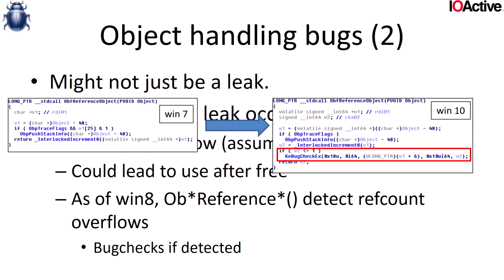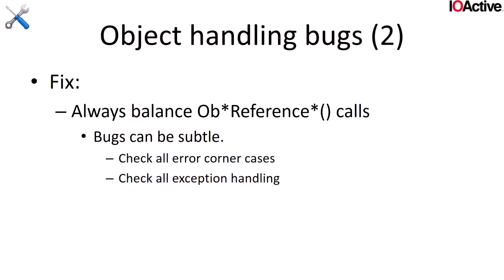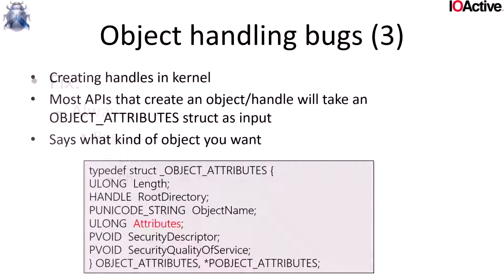When an integer overflow happens, they cause a kernel panic. And so all of a sudden these bugs are no longer exploitable beyond a leak, which is great. But up to Win 7, that was still a problem. Related issues are a double ref count increase, use after ObReference, and passing of null. And the fix is basically always balance your reference calls.